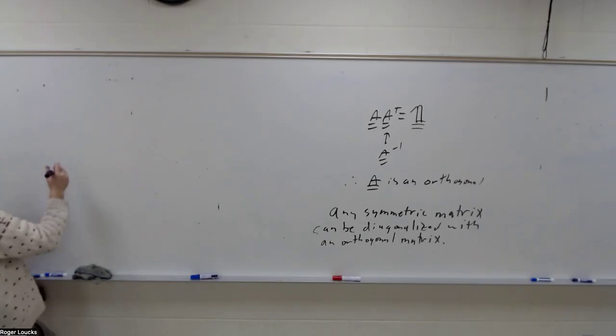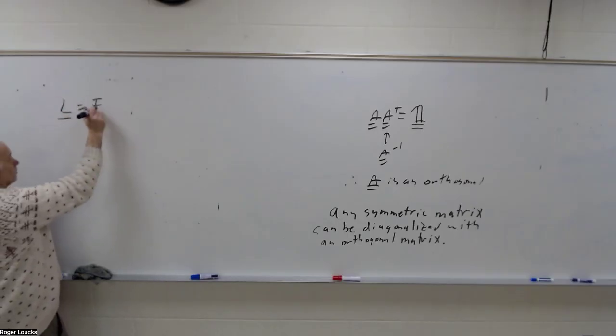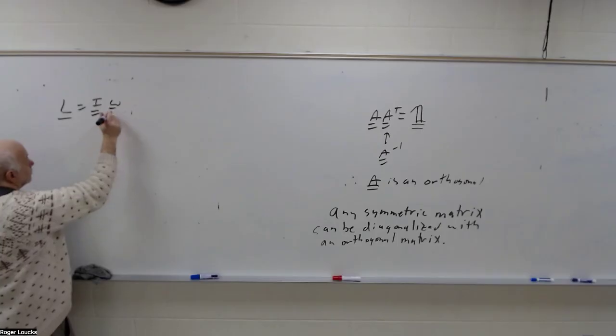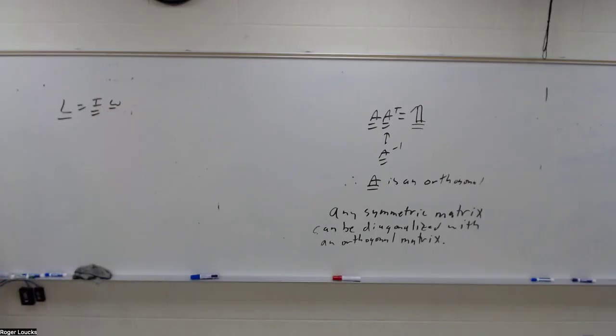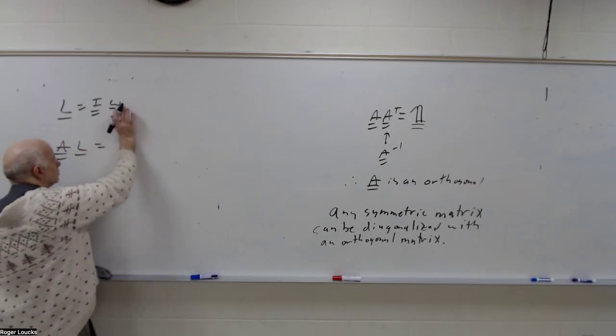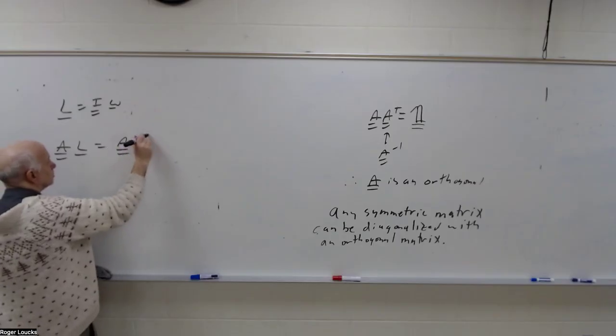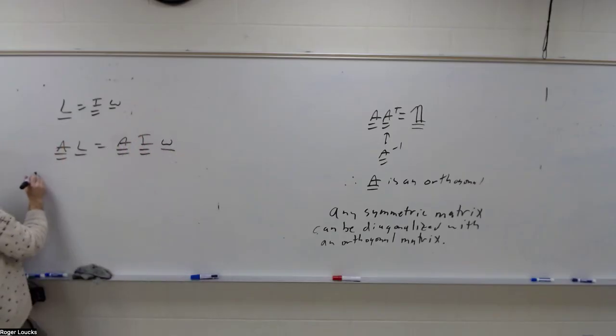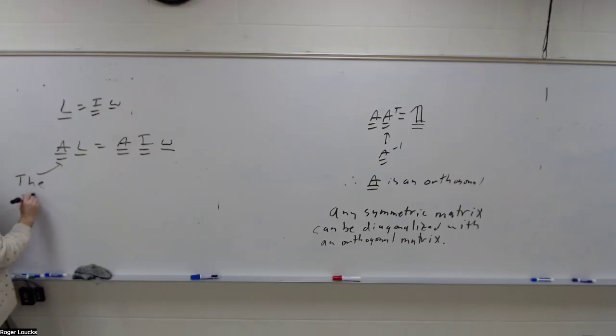So the way we're using this is that we have this equation here. What did we do with this? You multiply both sides by A. This is our rotation matrix. What do we insert in here?